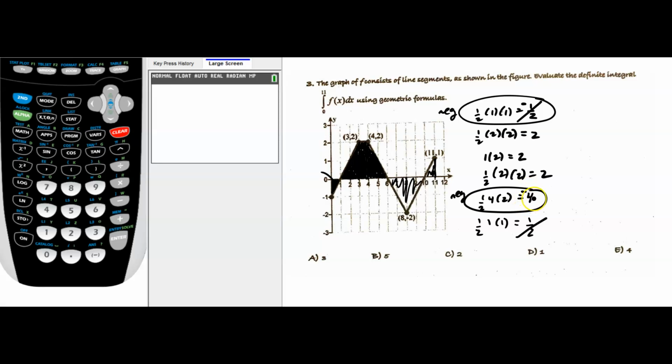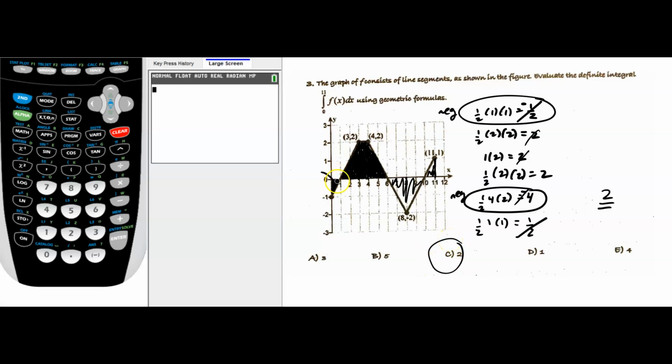This -4 right here is going to offset with 2 of these 2's. And so it looks like we just end up with a +2 in the end. And so let me just check my answer key. Yes, final answer ends up being just C, which is a +2.